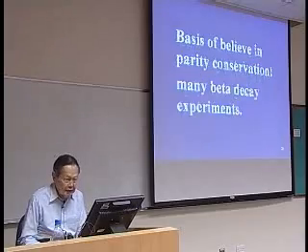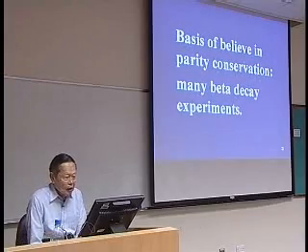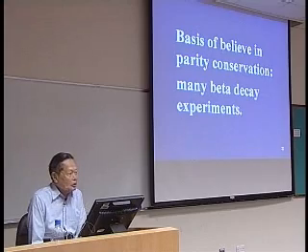But there are equally strong arguments saying that they cannot be, because they have different parities. So that was called the theta-tau puzzle. This was perhaps the dominant question in particle physics in the years 1955 and 1956.